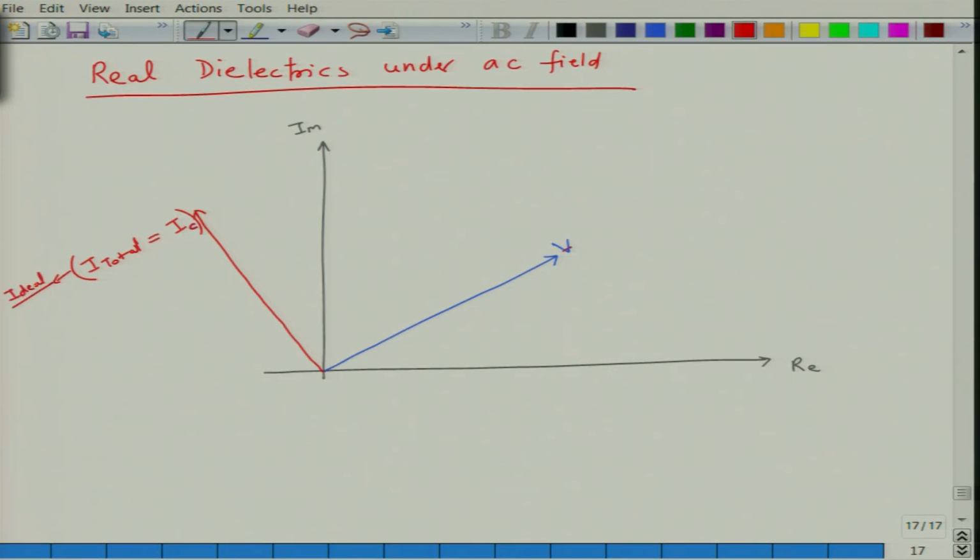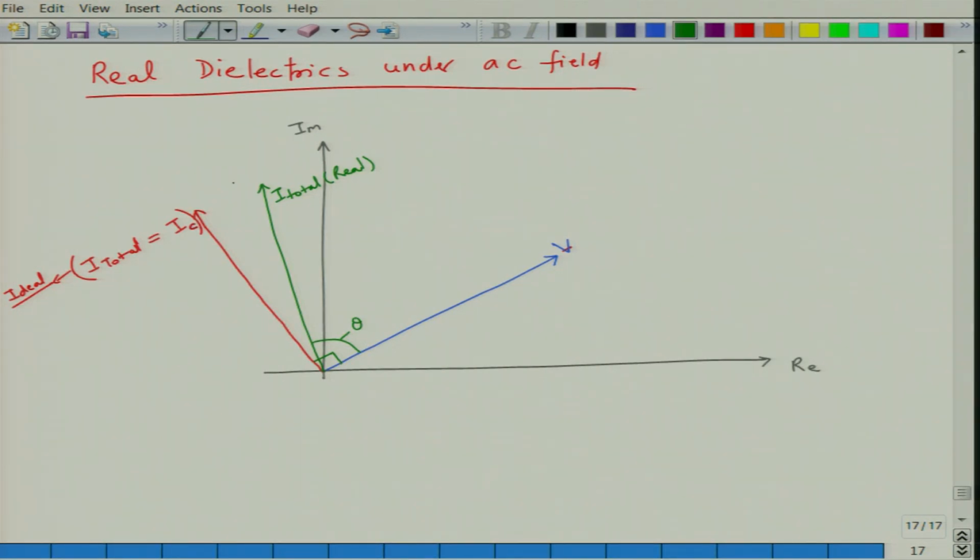Now, for a real dielectric, the situation is something like this. The current is at a certain angle, and this angle is 90 degrees, by the way. For a real dielectric, this is your I total, and it is at a certain angle theta.